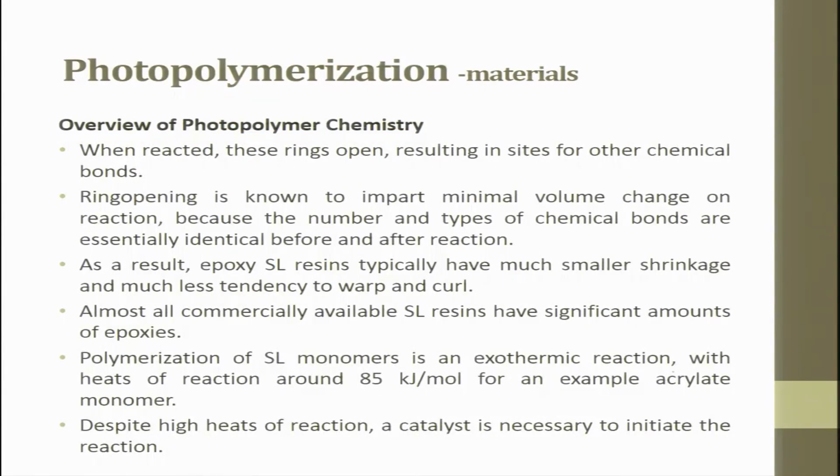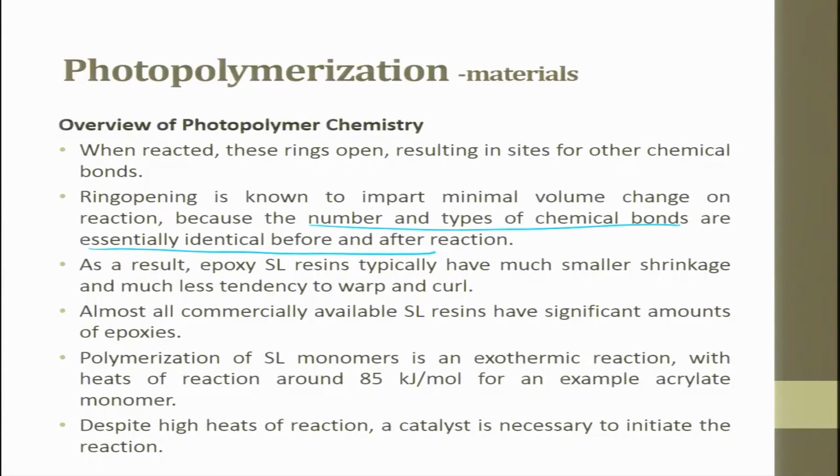When reacted, these rings open, resulting in sites for other chemical bonds. Ring opening is known to impart minimal volume change on reaction because the number and the type of chemical bonds are essentially identical before and after reaction. This is a very important point.